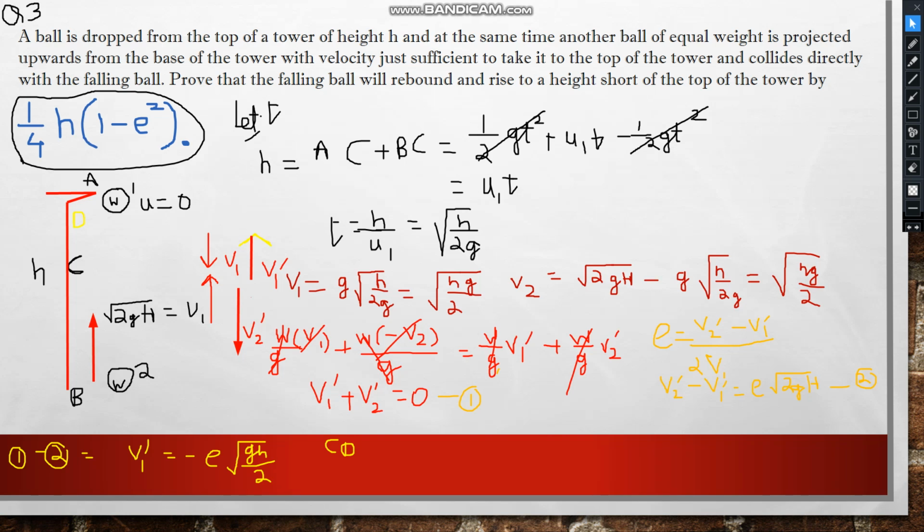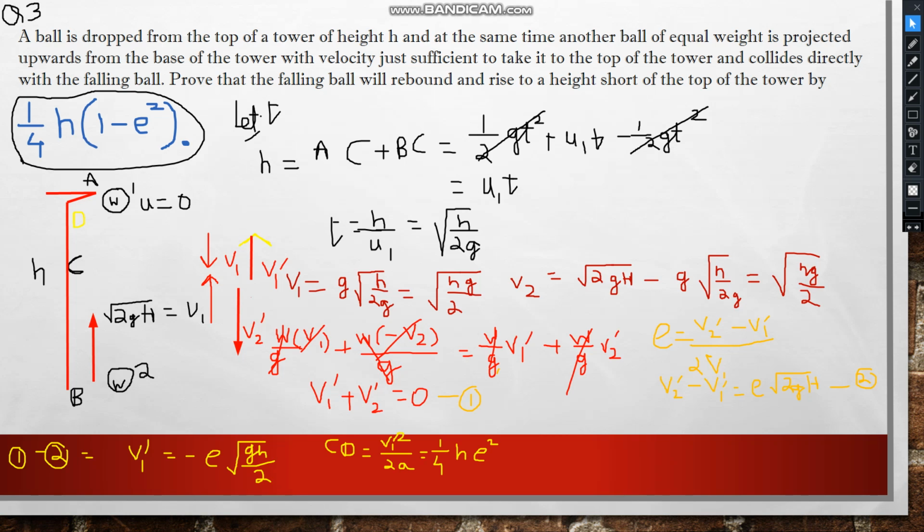CD will be this v1 dash whole square by 2a. From the formula v square is equal to u square plus 2as, here we will take minus 2s, so which will be minus 2s since it's there. Yeah, this is the formula. And on simplifying this, we will get 1 by 4 h e square.